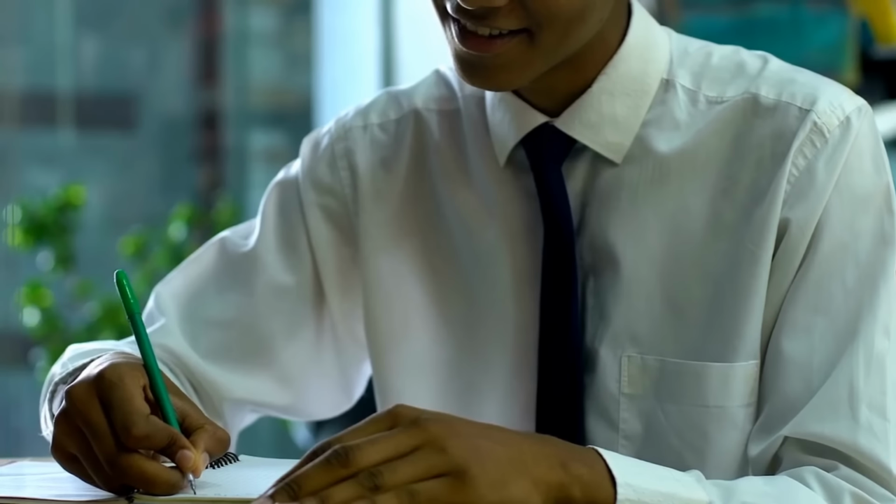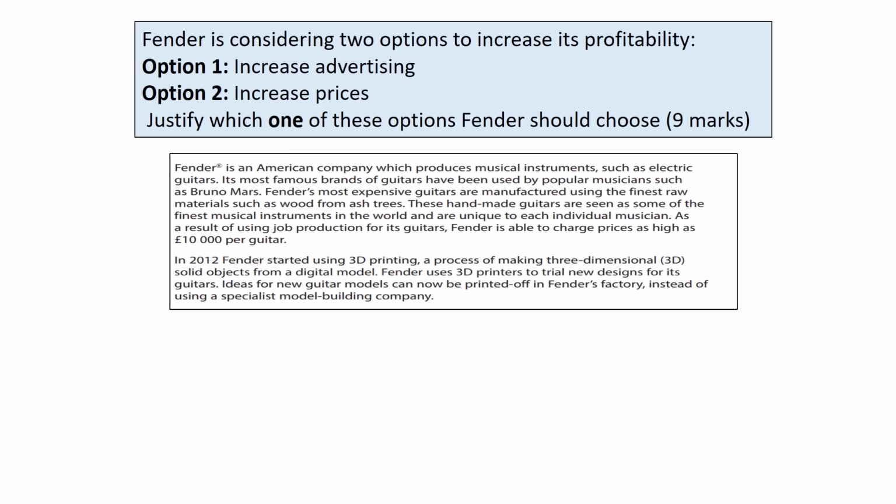Let's take a look at a 9-mark example. The question reads as follows. Fender is considering 2 options to increase its profitability. Option 1, increase advertising, or option 2, increase prices. Justify which one, and it is often typed in bold, which one of these options Fender should choose.